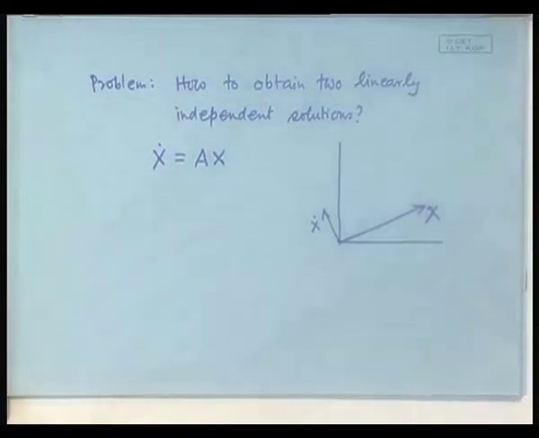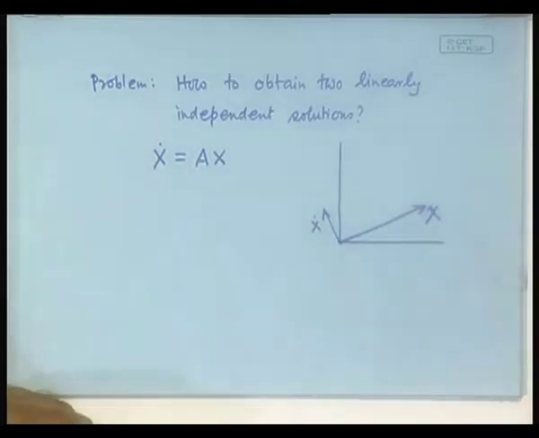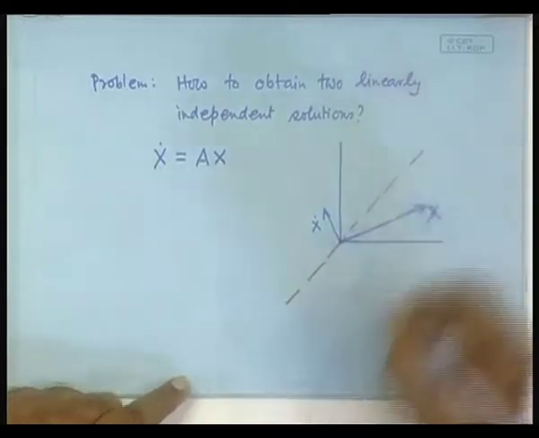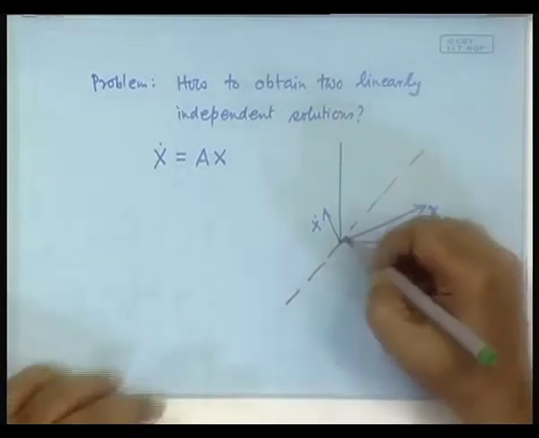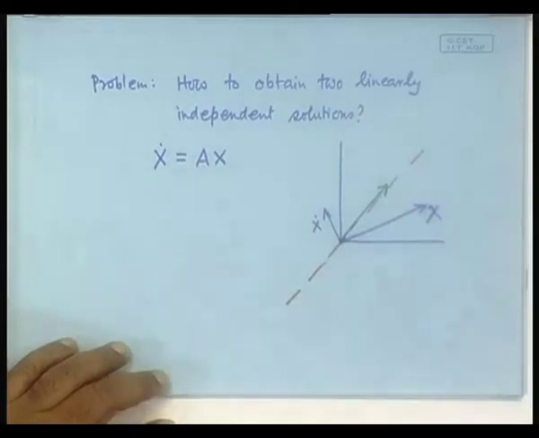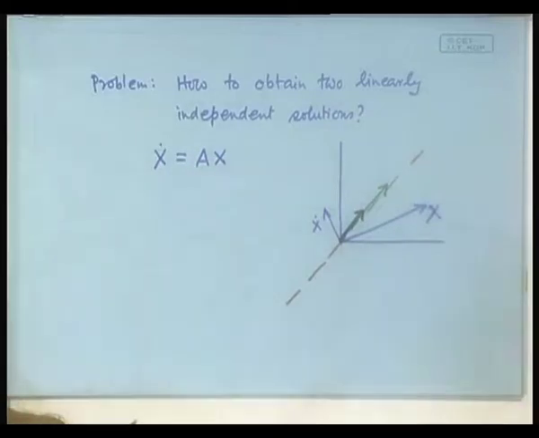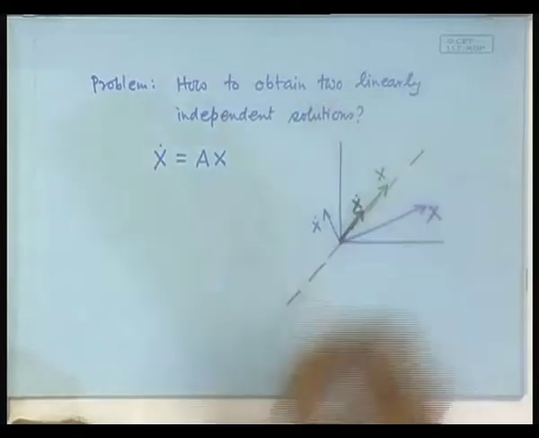But there exist two directions in a 2D system such that, if this is that direction and you start from a vector in this direction, the result will also be a vector in the same direction. So, if this is your x, that will be your x dot.